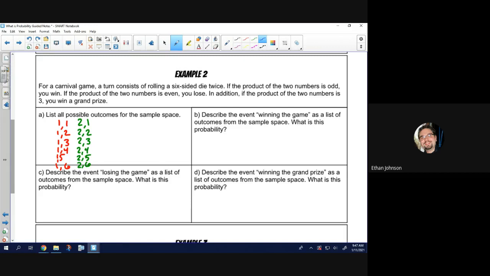What if the first die was a 3? Well, we could have a 3 and a 1, 3 and a 2, 3 and a 3, 3 and a 4, 3 and a 5, 3 and a 6. I hope by now you guys are starting to see a pattern with these. So go ahead and pause the video and fill out the rest of these.